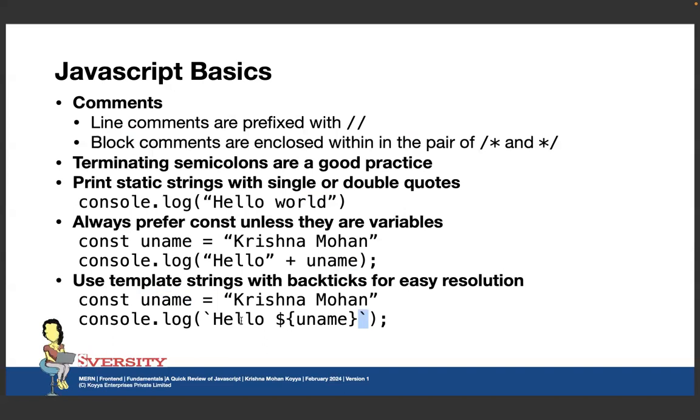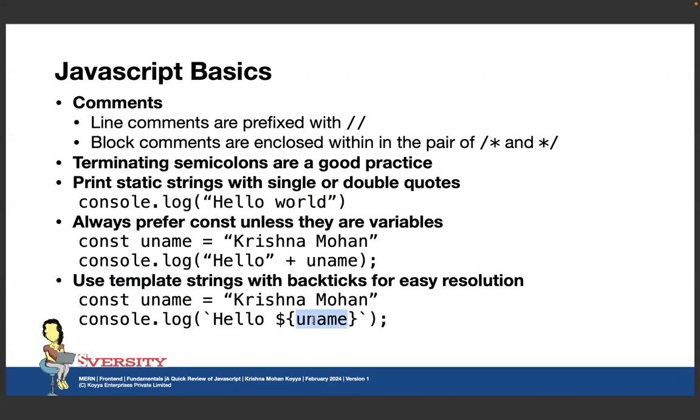And how it is useful: I can write my string as a usual string. For example, hello. I don't use the plus operator and all that. Rather, I can simply say hello within the backticks, hello, dollar, and a pair of curly braces, in which I can refer to any constant or any variable or even expressions.